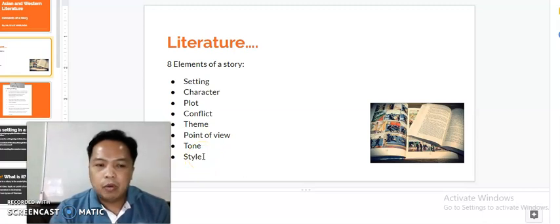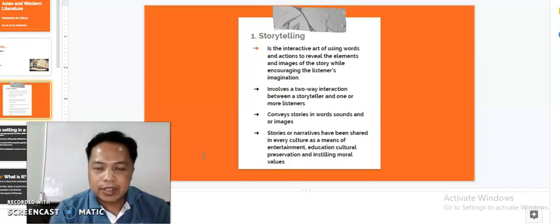But before that, we will talk about storytelling first. What is storytelling? Of course, when there's a story, when we talk about different elements of the story, we also learn about storytelling. So what is storytelling? It is the interactive art of using words and actions to reveal the elements and images of the story while encouraging the listener's imagination.